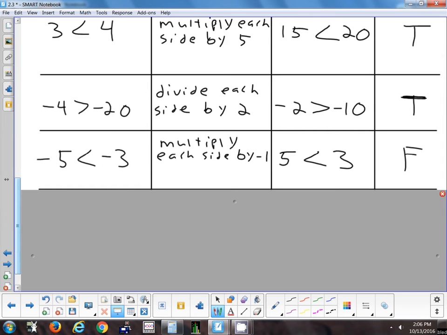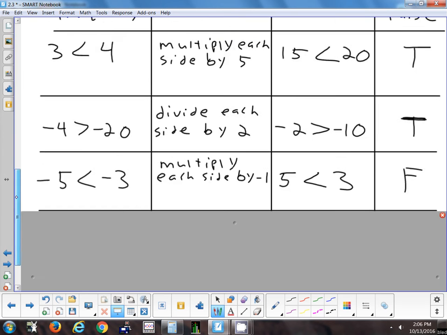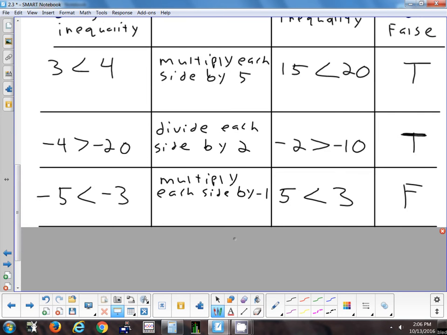Even though we multiplied both sides by the same thing, something went wrong. Does anybody know what was different about this one than the first two? If not, we'll try one more, and I think you might know what happened. Yeah?